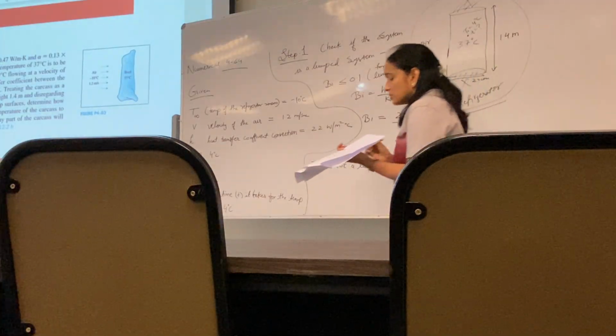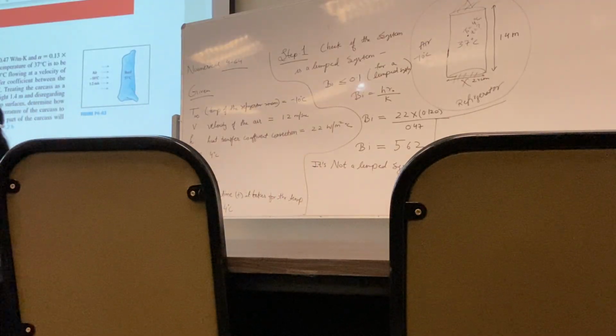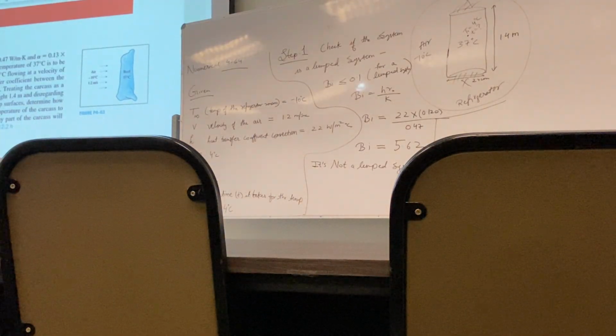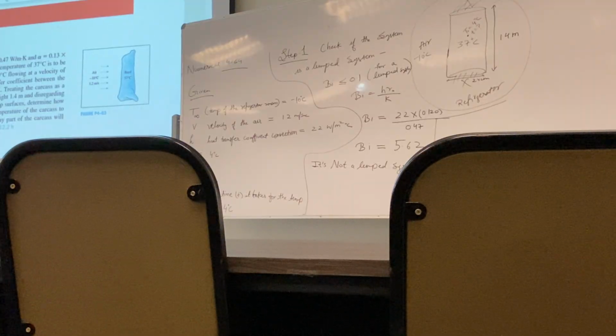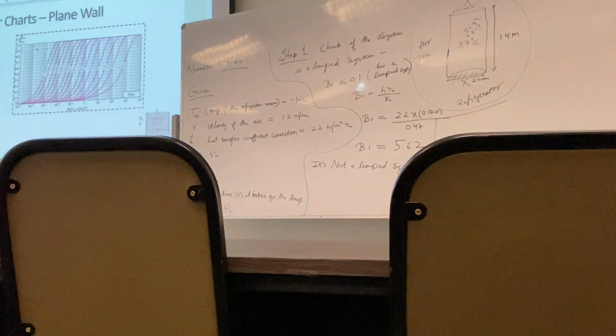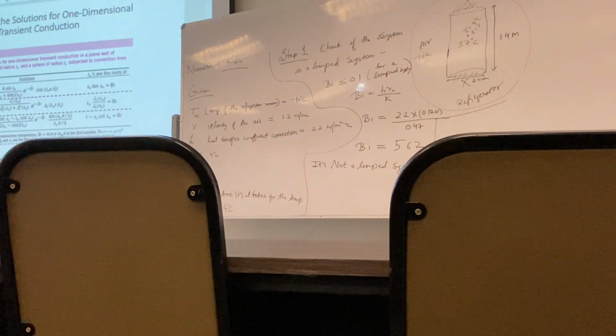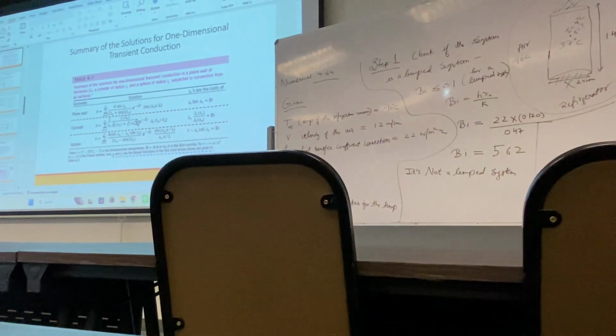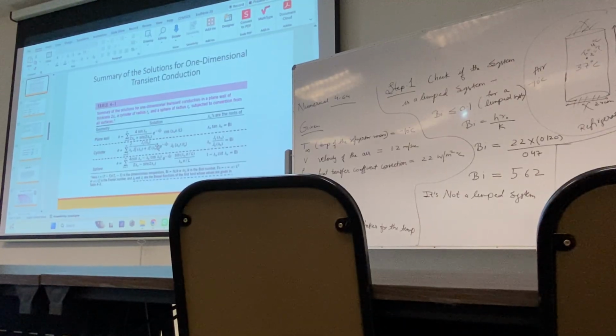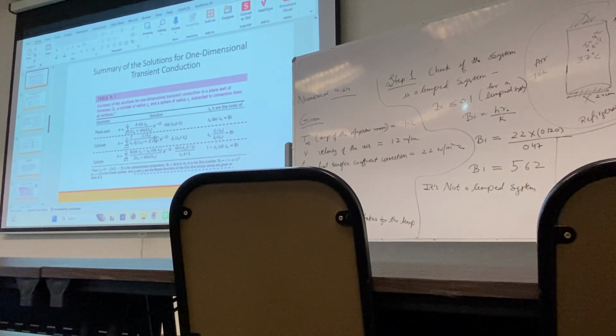So now see carefully. This is the formula for the cylinder, right? We have two or three variations of this formula, so now you have to understand which formula you should use.